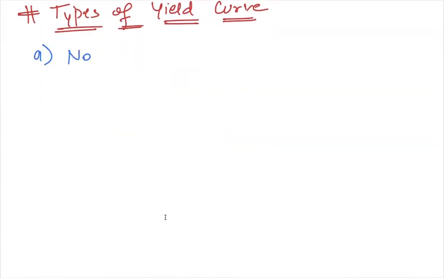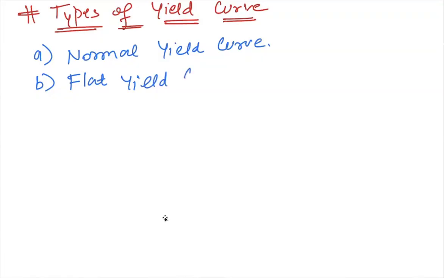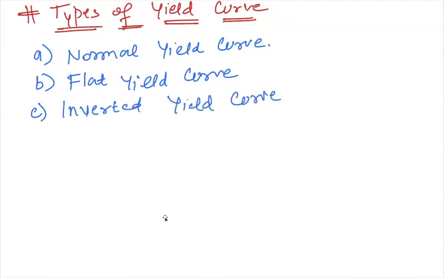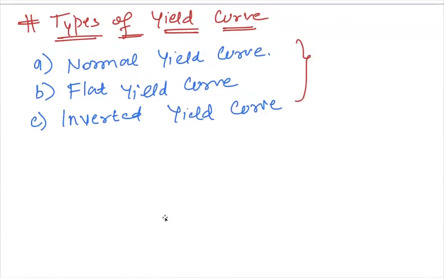That is the normal yield curve, then you have the flat yield curve, and then you have the inverted yield curve. Each of them has a different meaning.